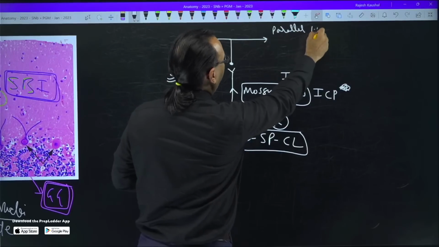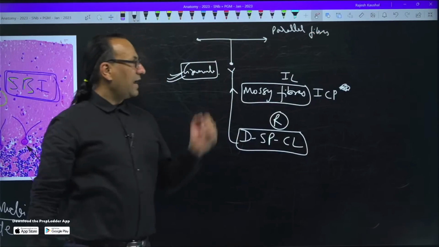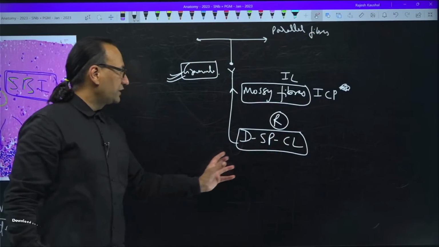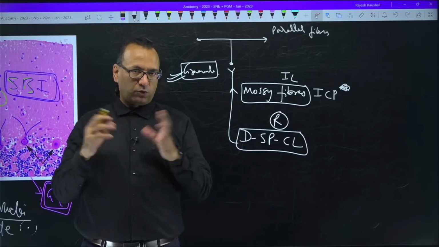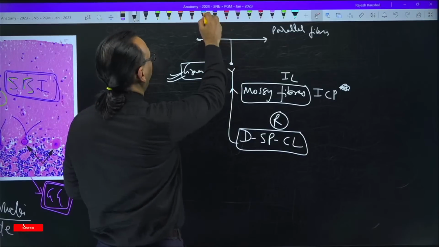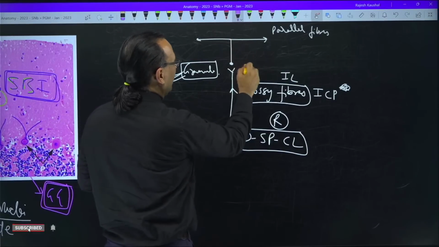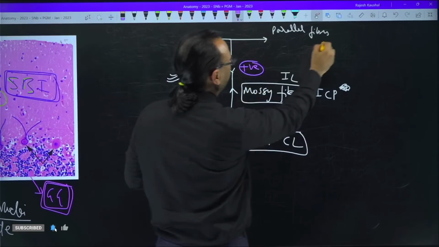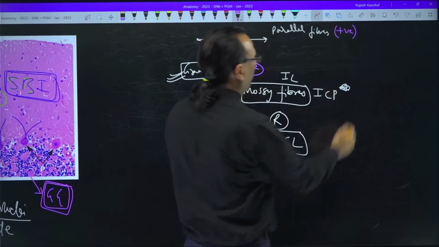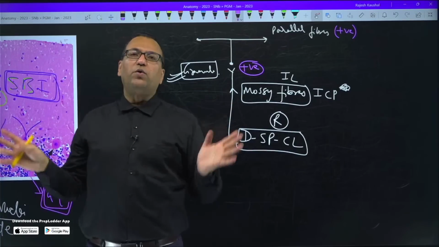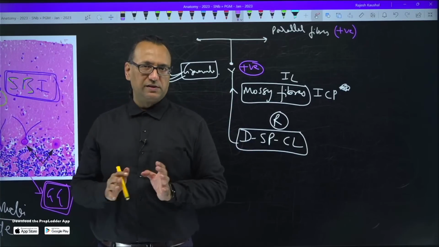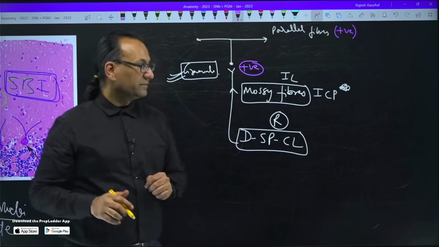When the dorsal spinocerebellar tract was activating the granule layer, it was positive, meaning stimulatory, and even the parallel fibers are stimulatory. But what are they stimulating? They will stimulate the rest of the 4 cells. And which 4 cells will they be stimulating?